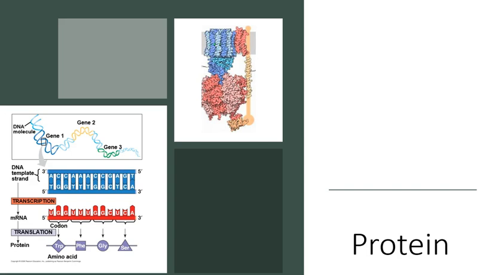So the picture on the top right is a picture of ATP synthase. ATP synthase is a very complicated protein, but we've heard of it before. If you remember, ATP synthase uses the flow of hydrogen ions to produce ATP, hence the name ATP synthase. So it's coded for in your DNA.